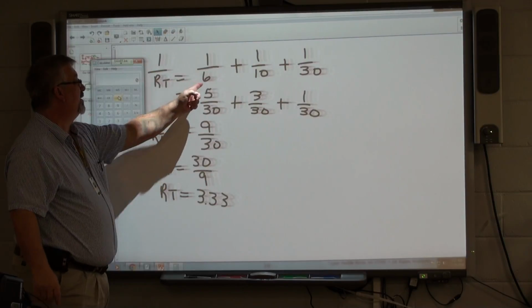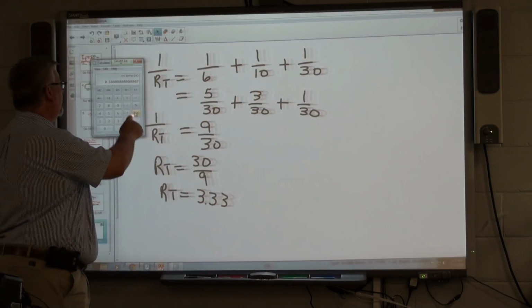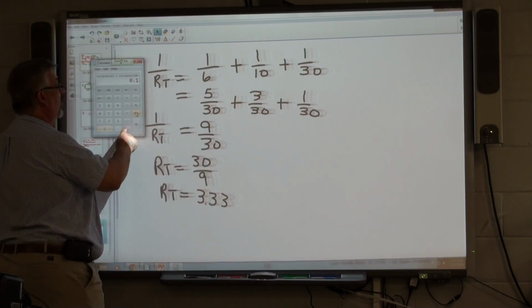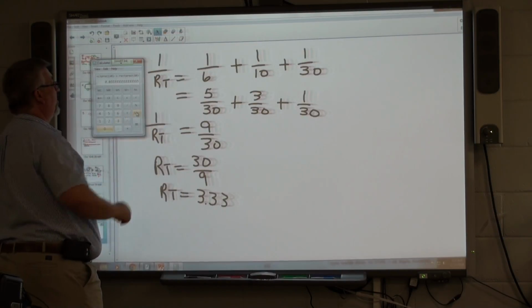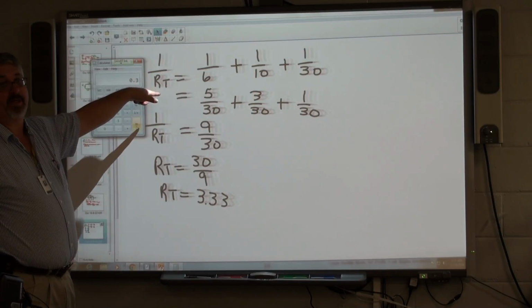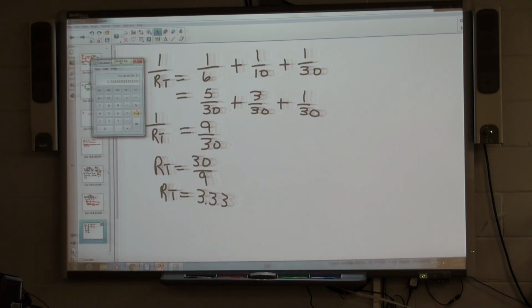I'm going to say 6 reciprocal plus 10 reciprocal plus 30 reciprocal. I don't total it until I hit equals. And now I've got 1 over RT, and if I want RT, I just reciprocate it. That's a whole lot better than having to write it out on paper, in my humble opinion. Oh, man. But if you're out on the shop floor, it's good to know this other way, because we don't have calculators everywhere. Oh, wait a minute, never mind.